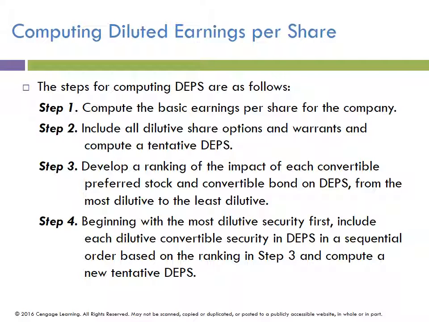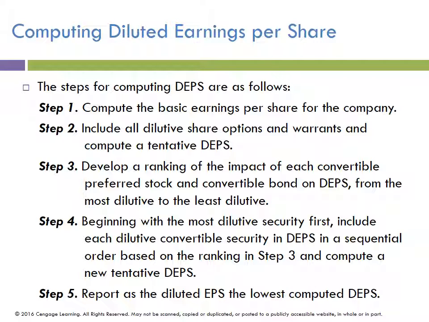Beginning with the most dilutive security first, include each dilutive convertible security in diluted earnings per share in a sequential order based on what you just did in step 3. And then compute a new diluted earnings per share. So we're going to be looking at all this. And then step 5, report as the diluted earnings per share the lowest amount you computed.